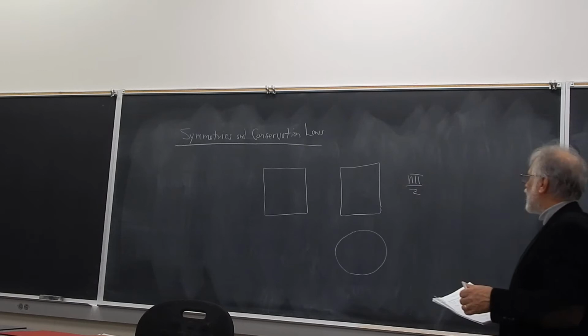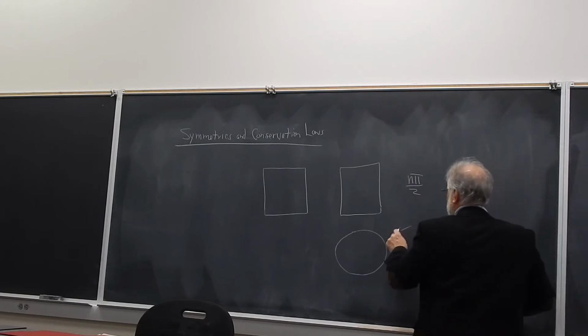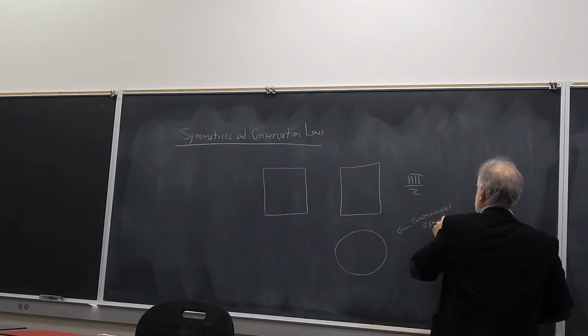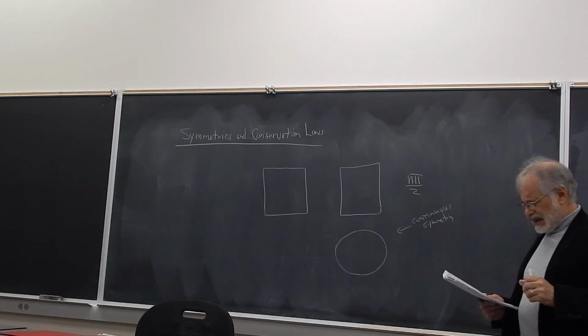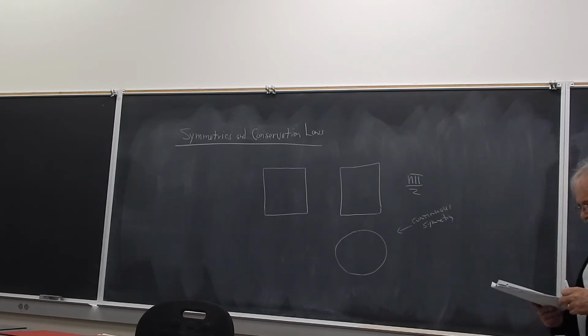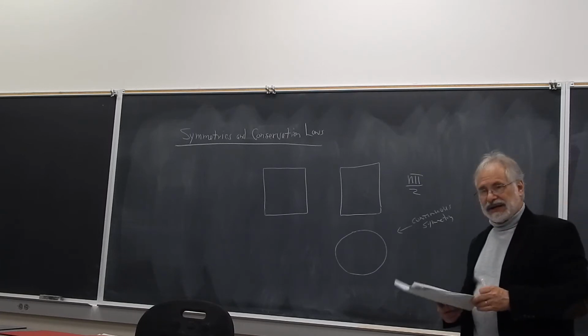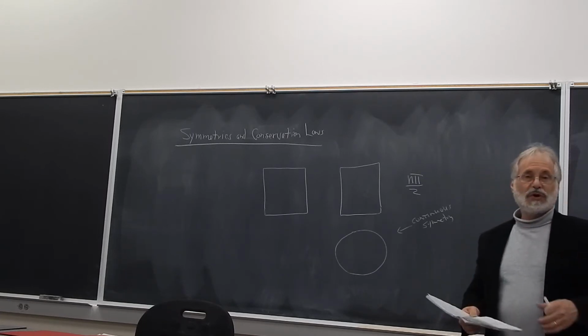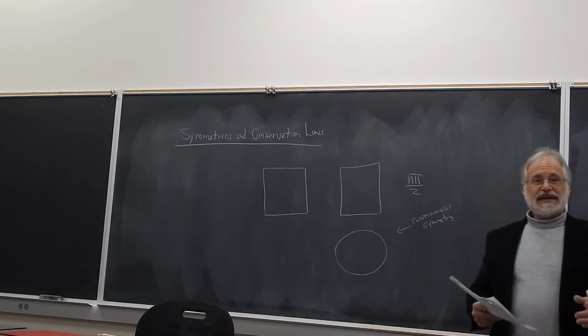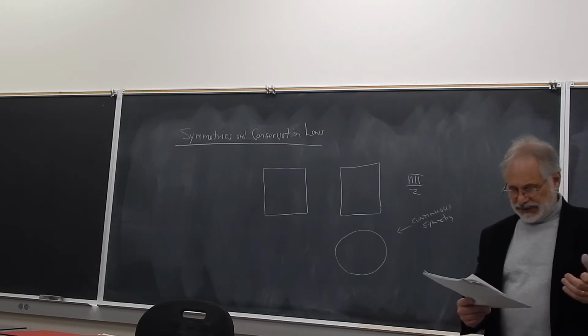So we say that we have continuous symmetry in the case of a circle. In quantum mechanics, if a Hamiltonian is unchanged by some transformation, whether it's a rotation or a translation or something else, we say that the system has a symmetry.